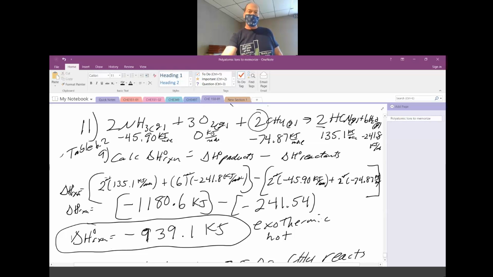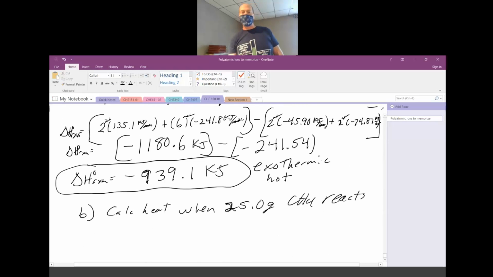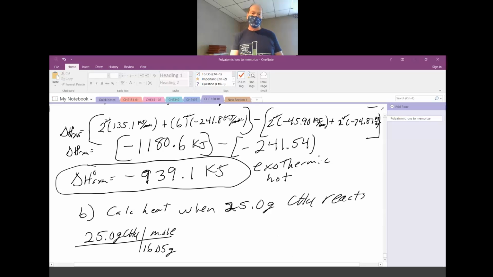We have to convert our 25.0 grams of CH4 into moles. 12 plus 4 is 16.05 grams per mole off the periodic table, carbon plus 4 hydrogens. So now we have moles of CH4.